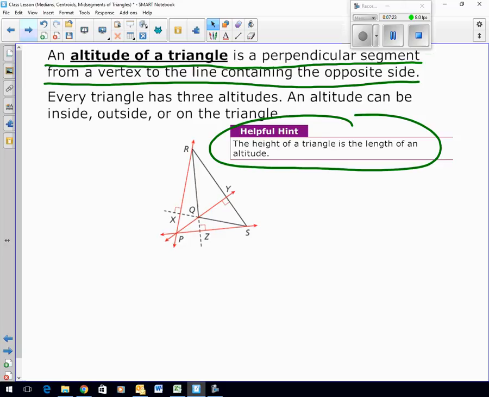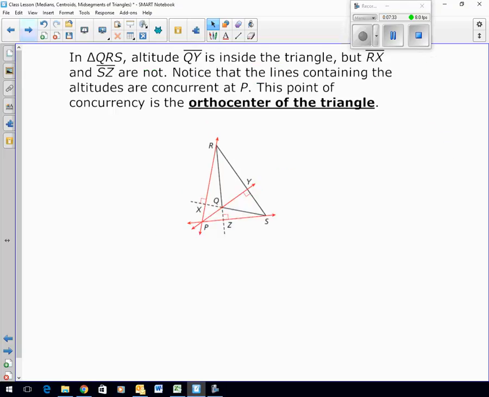That helpful hint: the height of a triangle is the length of the altitude. All right, let's write this down.